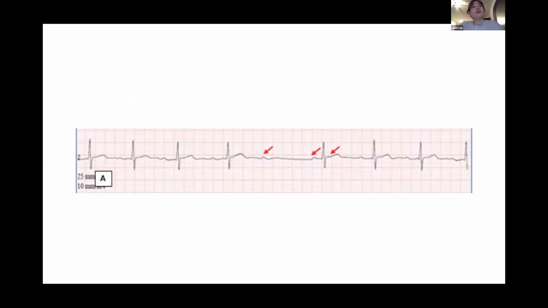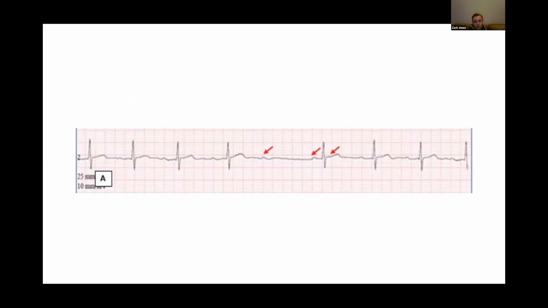What kind? This is a type 2 heart block. What are the different types of heart blocks? There's 3 different types: type 1, type 2, type 3. Type 3 is complete dissociation of the P and QRS complexes.